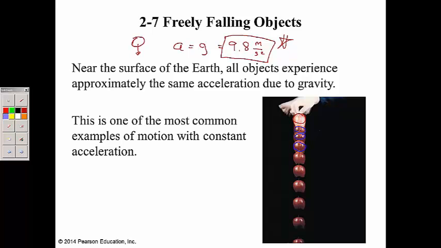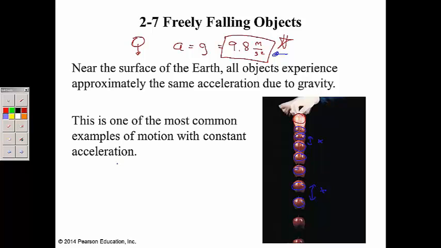It's going to initially have 0 velocity, and the velocity is going to increase and increase, but also the distance that it changes per unit time is also going to increase. This means that the velocity is changing. It means that it's accelerating, and it's accelerating at 9.8 meters per second squared.